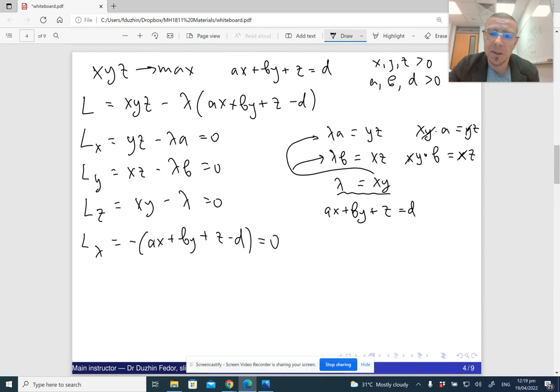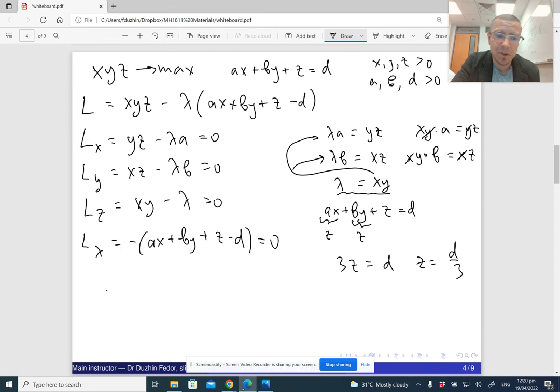So xa equals z, and yb is also z. Substituting z for xa and z for yb into the constraint, we get 3z equals d. So z is just d over 3.